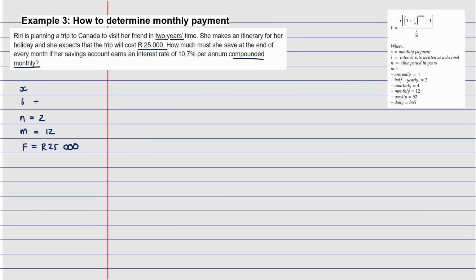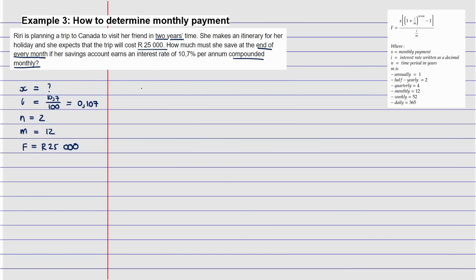And the interest here is going to be 10.7 divided by 100, which is the same as 0.107. And then the question says how much must she save each and every month with this interest rate. So we know that we're looking for monthly payments. So that's what we're looking for.